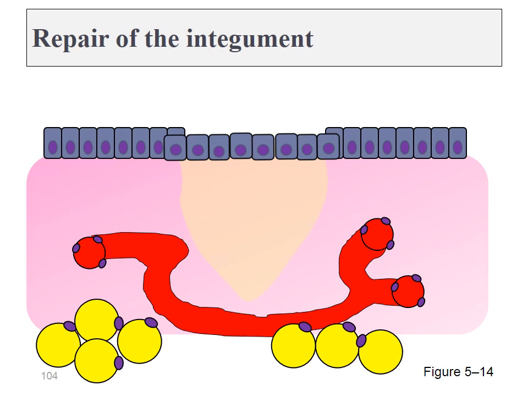So the new connective tissue that I've produced is not the same as what was there previously. This is not dense irregular connective tissue, and this scar will appear different from the rest of the skin. It might be a raised bump, but it still appears red because of all of these extra blood vessels.